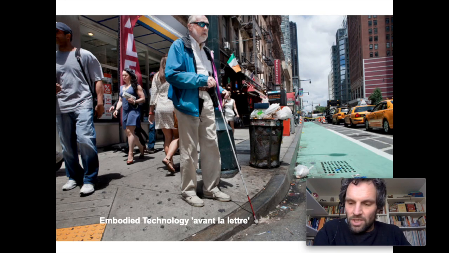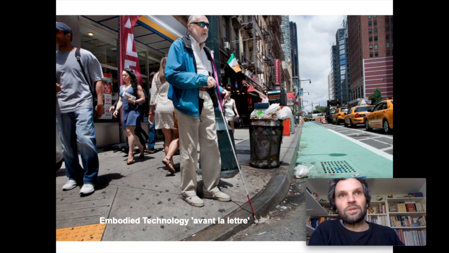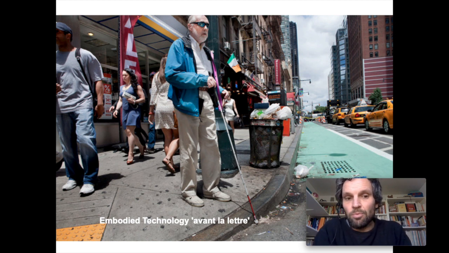Well, there is technology that is sort of embodied technology, in the way that I look at it, avant la lettre, as you would say. And Merleau-Ponty, the French philosopher that I talked about, actually talks about this. He talks, for example, about the blind man's cane. So if you have a visually impaired person with a cane, you could say, well, this technology is an embodied technology in the sense that the whole cane becomes, as it were, incorporated, corpora, Latin for body, so it becomes embodied into the system of the blind man, such that the blind man is feeling the world with the tip of the cane.